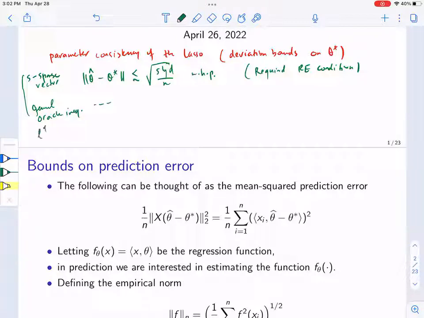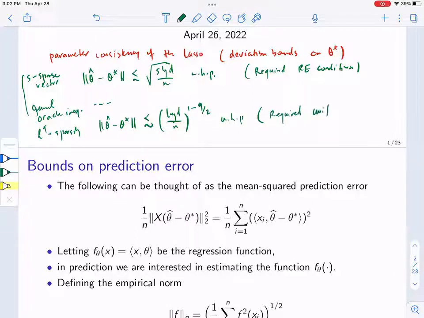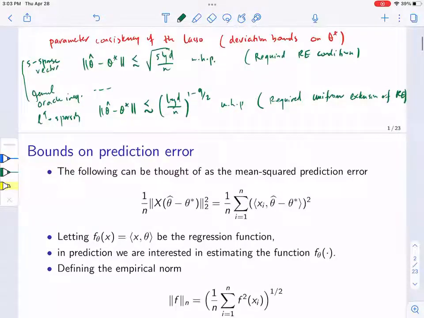And then lq sparsity follows, which was this log d over n to the 1 minus q over 2. This is again a nice rate because it's logarithmic in d. With high probability for this, we required that result that we just proved, the uniform extension of RE. And that's the extent of the things that you can do with parameter estimation.